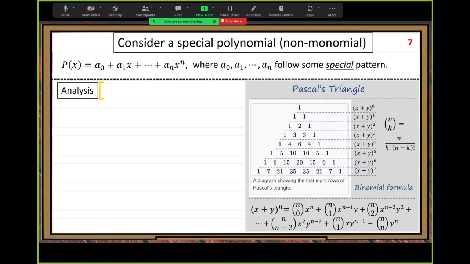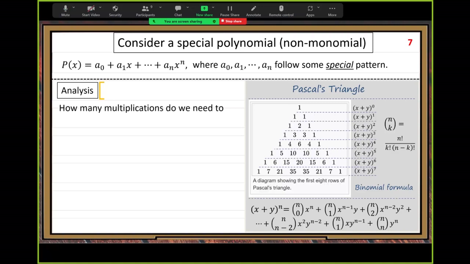Look at any number. It is the sum of the two numbers on the line above, the two shoulder positions. 3 and 3 added together give 6. For 4, the sum of 3 and 1 is 4. 10 plus 10, you get 20. 15 plus 20, you get 35, and so on.